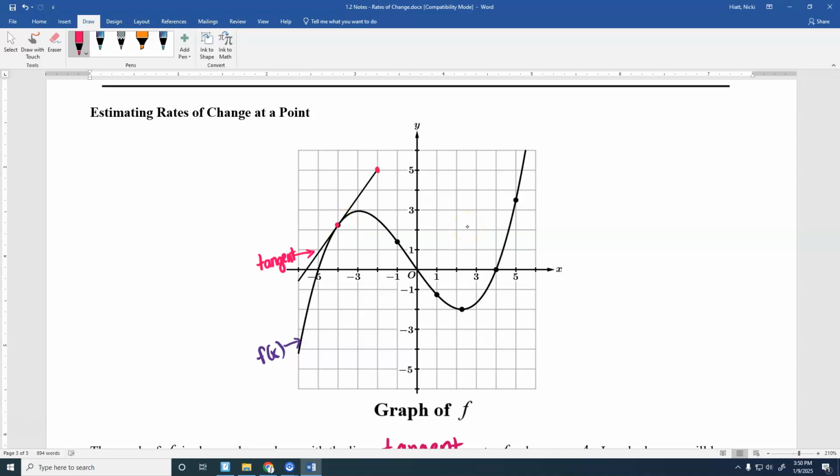This ends pretty much at a point where we are pretty close to being up 3 to the right 2. However, it's not quite 3 over 2.